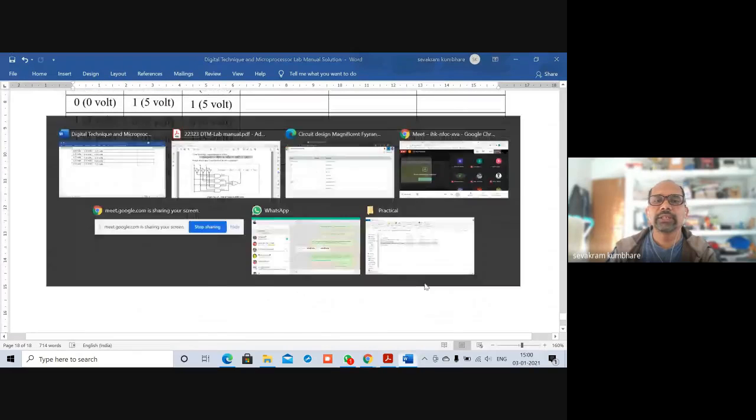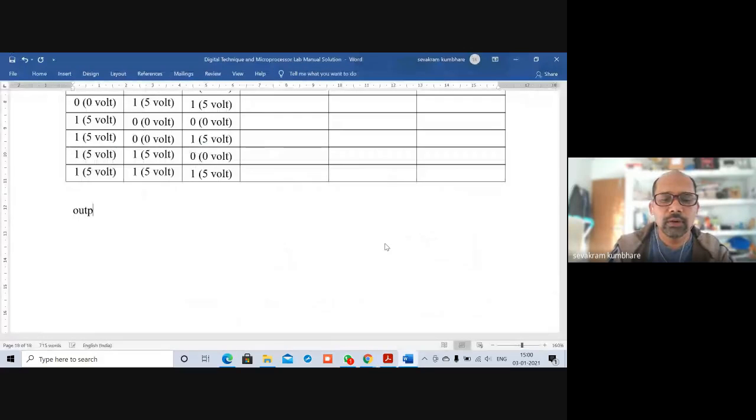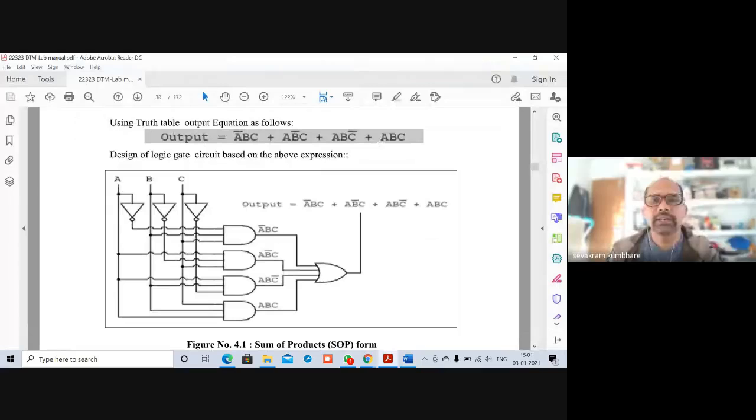The given expression is output equal to a bar b c, plus a b bar c, plus a b c bar, plus a b c. This is the given expression, right? Yes or no?